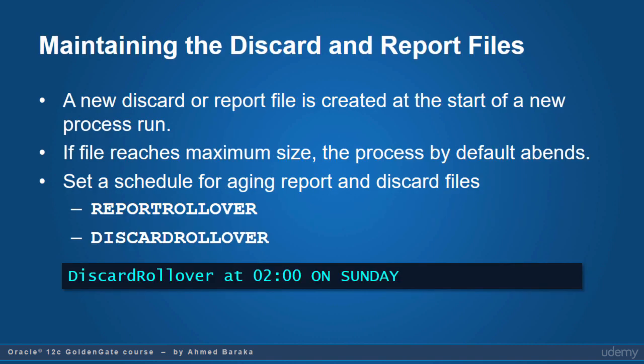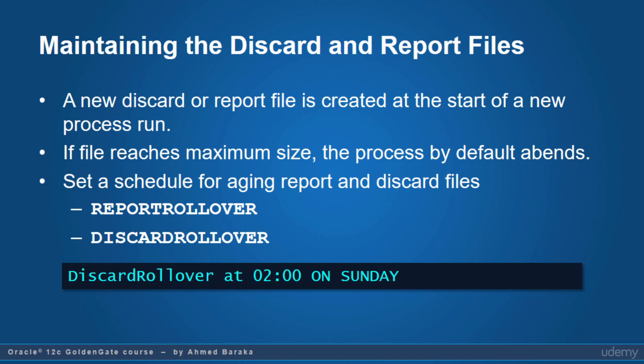A new discard or report file is created at the start of a new process run. If the active report or discard file reaches its maximum file size before the end of a run, the process abandons. To avoid this situation, use the discard rollover and report rollover parameters.